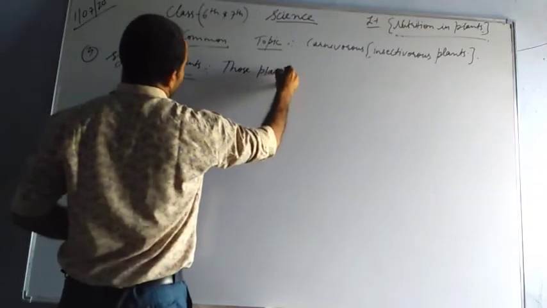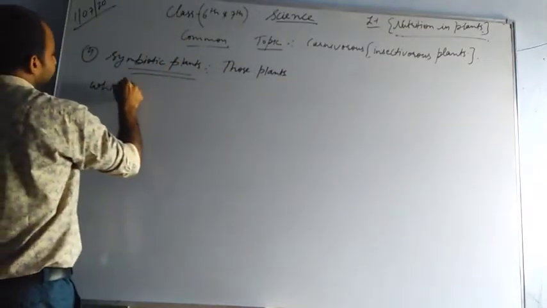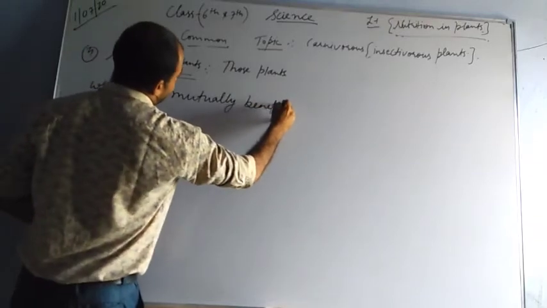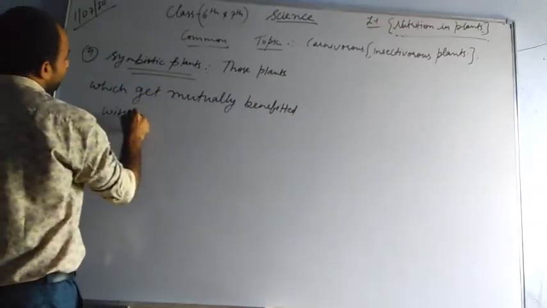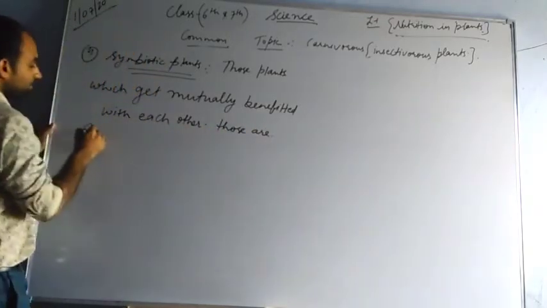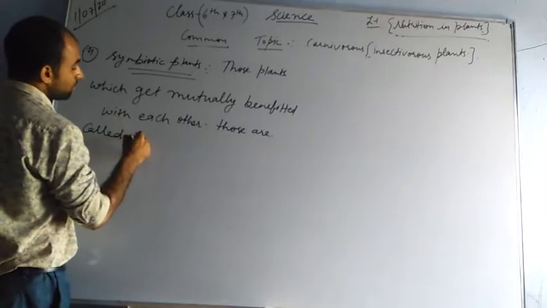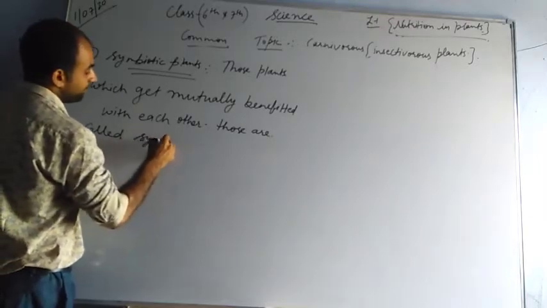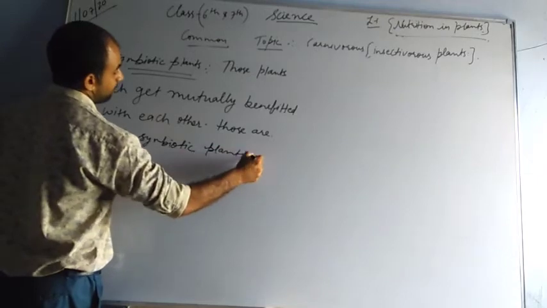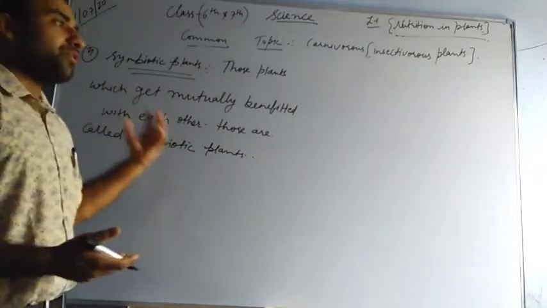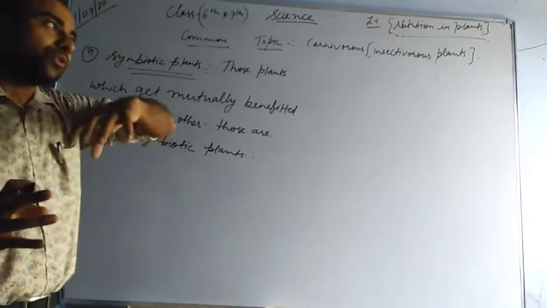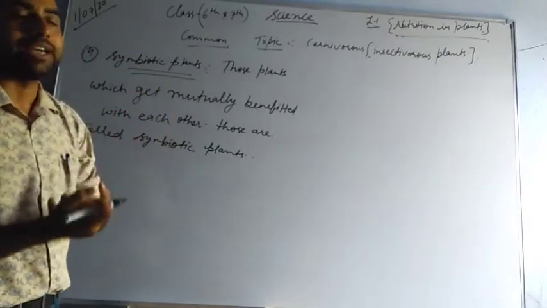It means one plant is living on the body of another plant, getting its food from that plant and providing it shelter and protection.